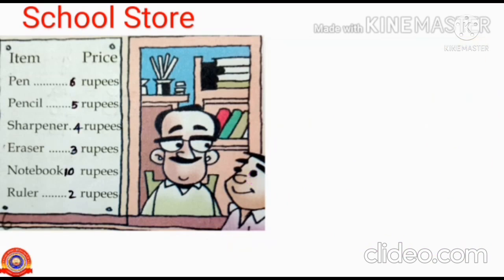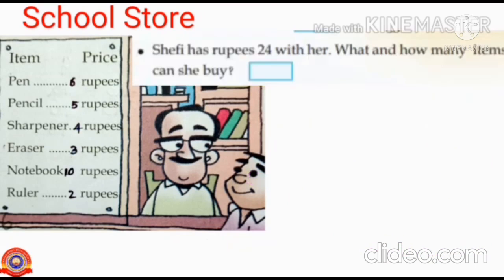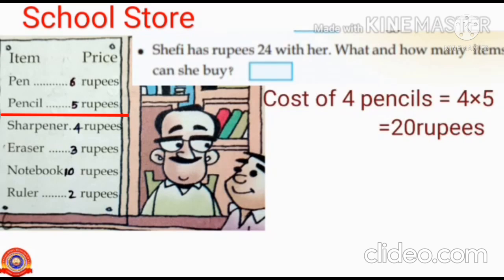See the next question. Shefi has 24 rupees with her. What and how many items can she buy? Which items can she buy with 24 rupees? You know, cost of 1 pencil is 5 rupees. So cost of 4 pencils equals 4 times 5, which is equal to 20 rupees. How much more rupees is needed to make it 24 rupees?